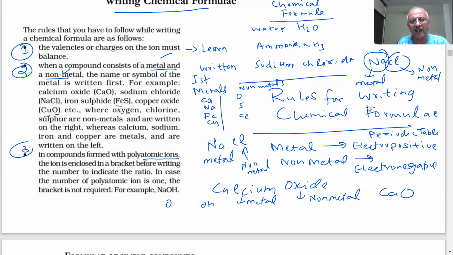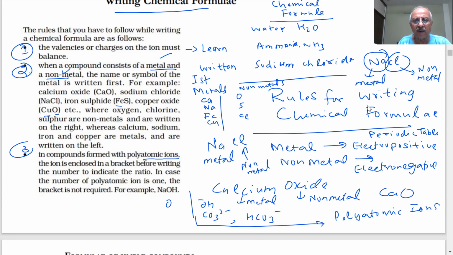If I have OH, how many atoms? 2. Yes, sir. If I have CO3 2 minus, polyatomic. HCO3 minus, polyatomic. These are polyatomic ions.